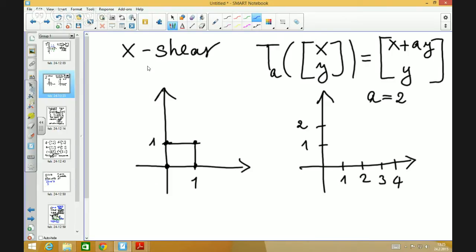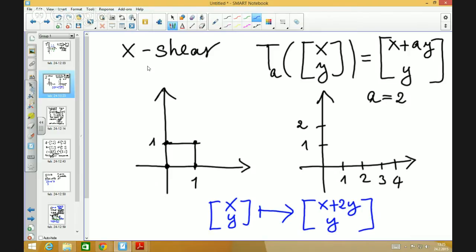Why? Because multiplication with 0 is 0. So we are supposed to take (x, y) to (x + 2y, y). So if x and y are 0, then we get (0, 0) out.